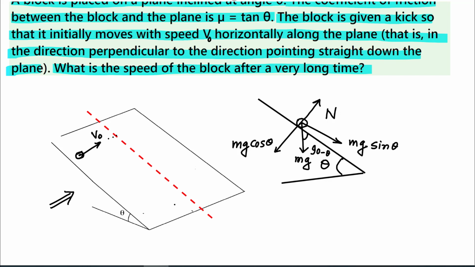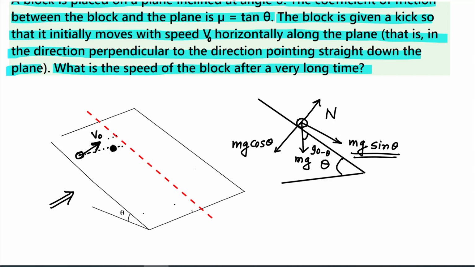If you give this block a velocity like this, let's say after some time the block is somewhere here. Why is this so? Because there is a driving force down the plane. So there will be an increase in the velocity down the plane.